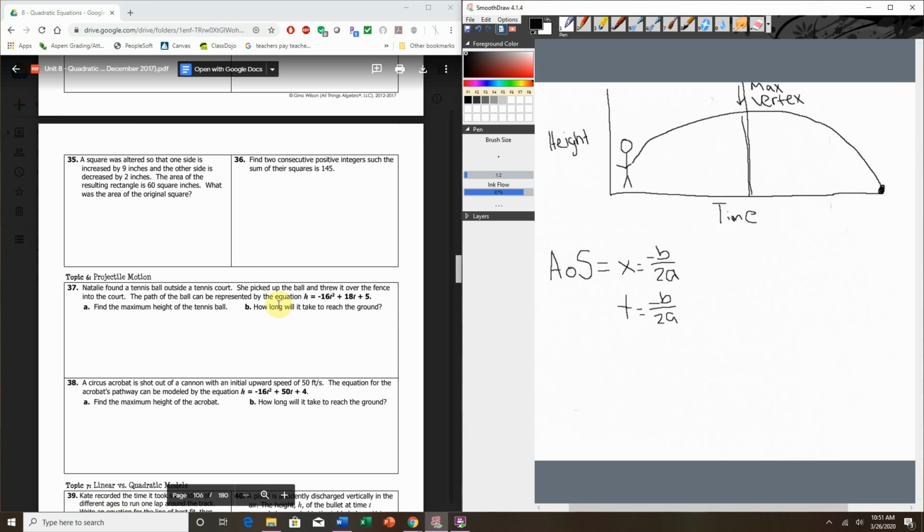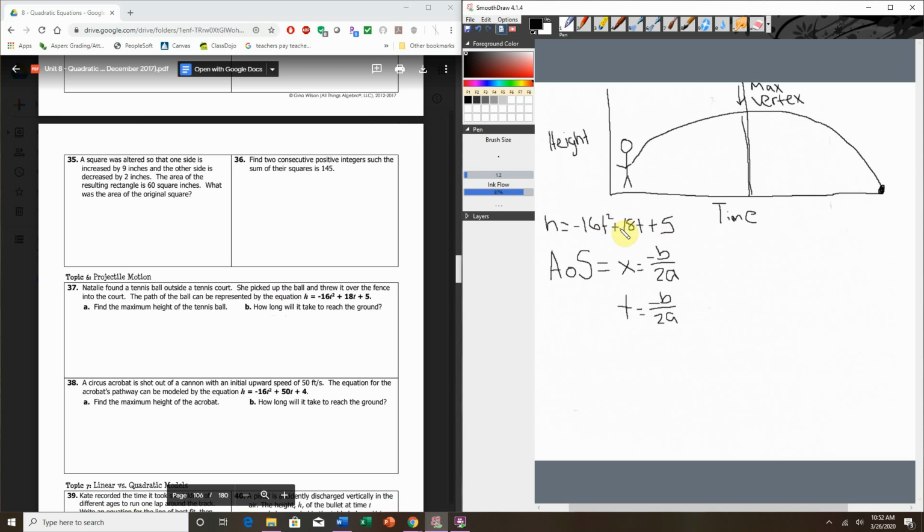So if we look at our equation here, we have the height equals negative 16t squared plus 18t plus 5.